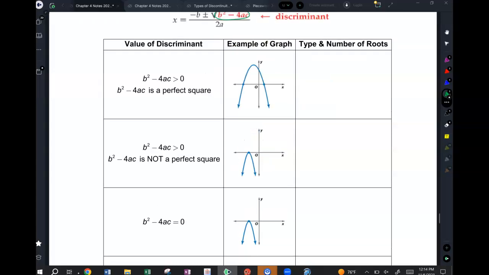Okay? So now, take a look at this one and this one. In both of them, b squared minus 4ac is positive. So for both of these, we're going to get 2 real roots.